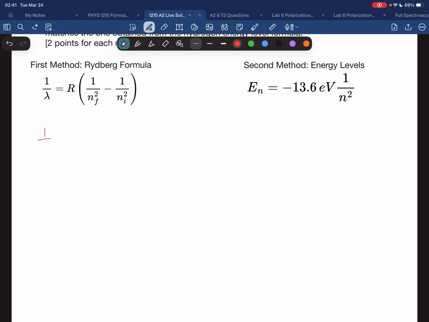So this is going to be 1 over lambda equals R times 1 over 2 squared minus 1 over 4 squared. And that is everything subbed in except for our Rydberg constant. I'm going to go ahead and rearrange this for lambda quickly though. And at the same time, I'm going to plug in for the Rydberg constant.